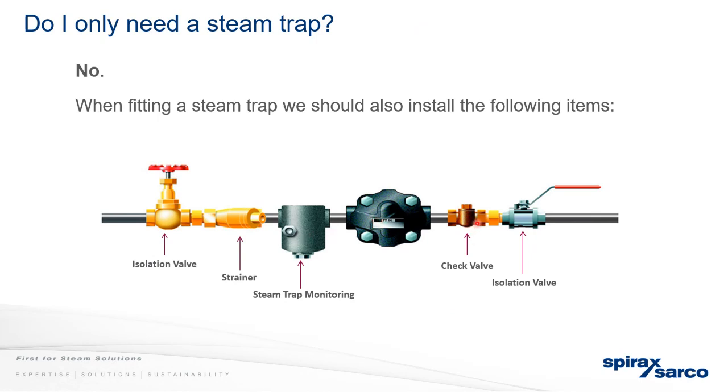Then a check valve to stop any backflow, and another isolation valve so you can close the system off. That would be a trap set, and that's what we would suggest should be the equipment around all your steam traps. Any questions on that? Not yet. I think this is a good diagram that shows everything.